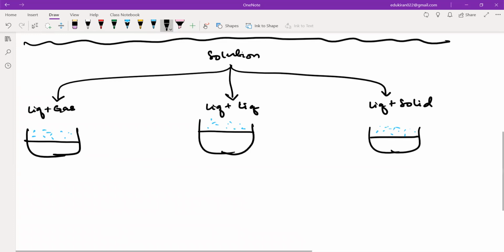ठीक है. Now in the first one, liquid and gas, what do we have in the solution? We have liquid and gas. Yes or no? Please tell me. In the solution we have liquid and gas, right? Yes. Now which has a tendency to escape more, liquid or gas? Which will escape more easily, liquid or gas? बताइए.